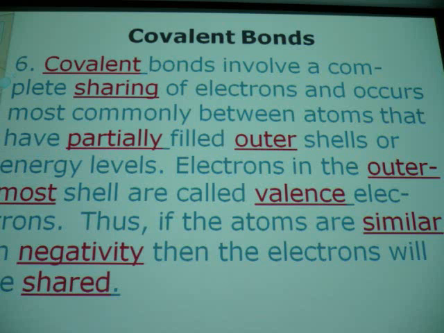Well, now the problem is, if I need 2, and she has 1 available, I need 2 of her. So I can share it. She'll look outside and she'll be happy. The other one will look outside and she'll be happy. And I'll look outside and I'm happy. That's a strong, sharing, strong covalent bond.